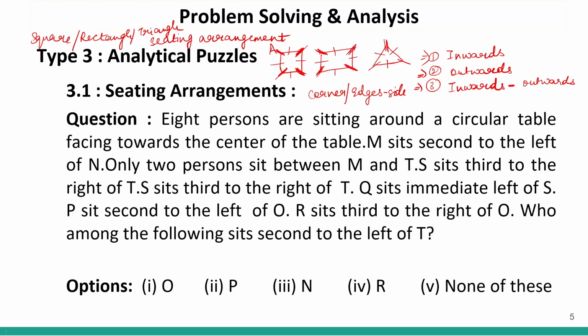Similarly for triangle, these are the 3 corners. So either people will be sitting at the corner or at the edge or the side. This will be mentioned in your question. This is specifically for square, rectangle, triangle seating arrangement. And these three things are always there. Okay. Now, let us see the last one.